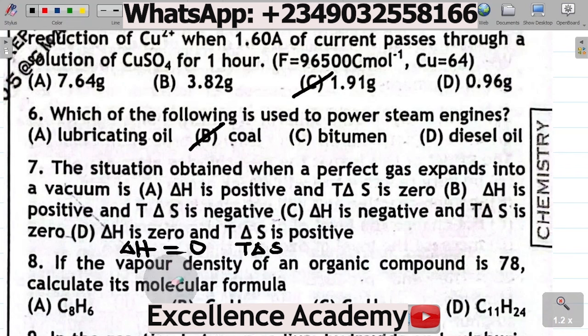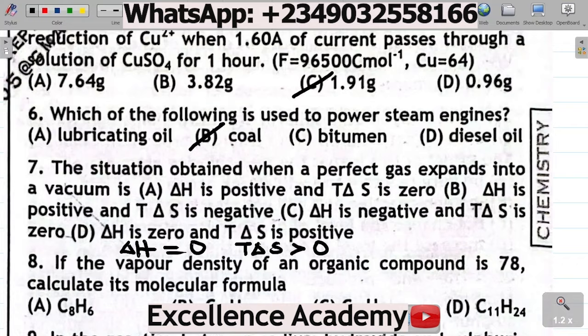Why this is correct: number one, change in H is equal to 0 because no work is being done, and when no work is being done for a gas, the change in enthalpy is equal to 0. Number two, the change in S would increase, meaning it will be greater than 0, because disorderliness increases.